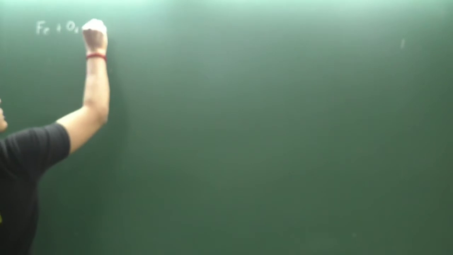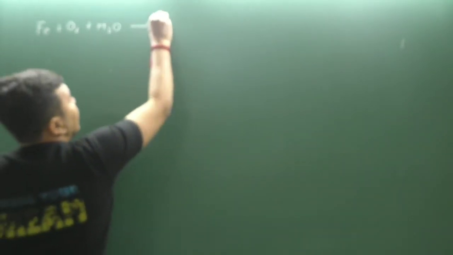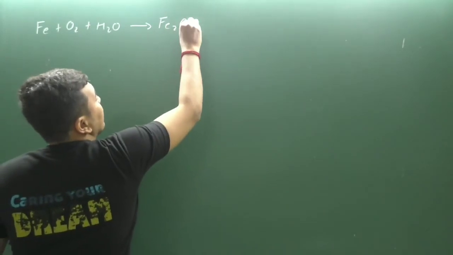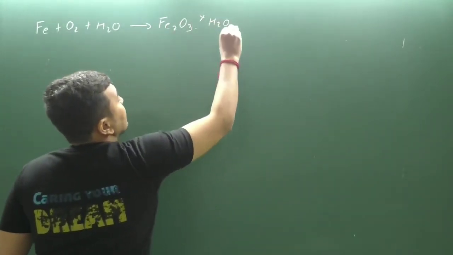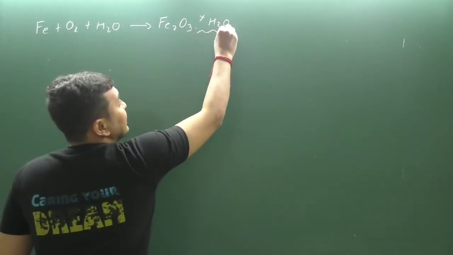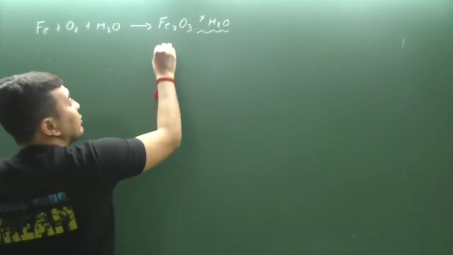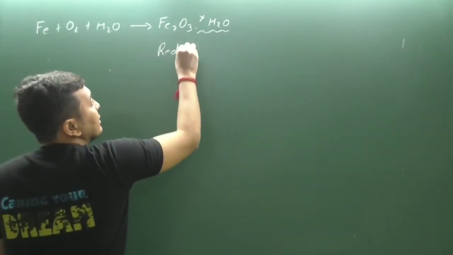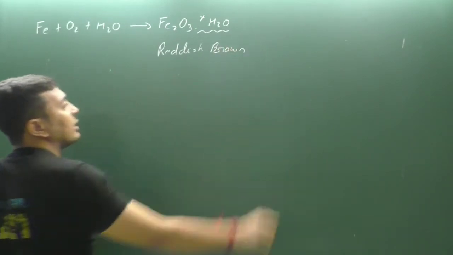For example, when iron is in presence of oxygen and water, it forms iron oxide, Fe2O3.xH2O. So this x H2O is the moisture present in it, and this is reddish brown in color.